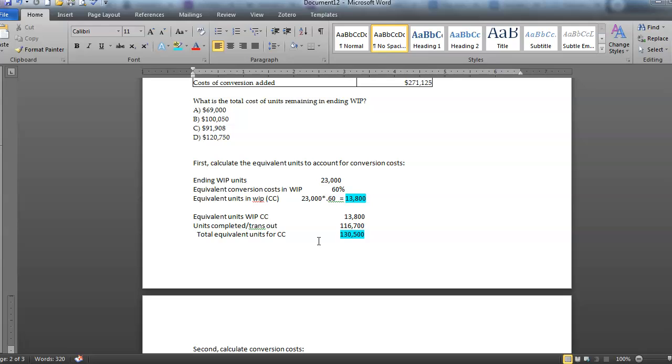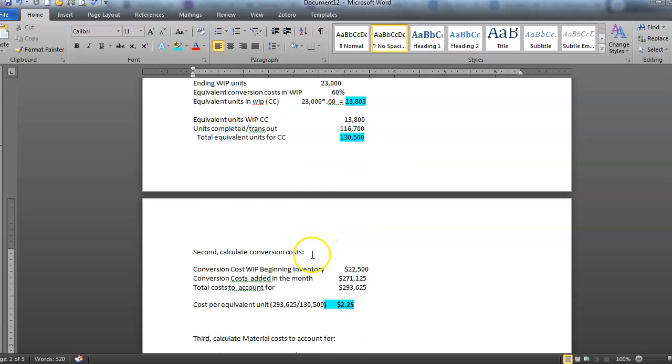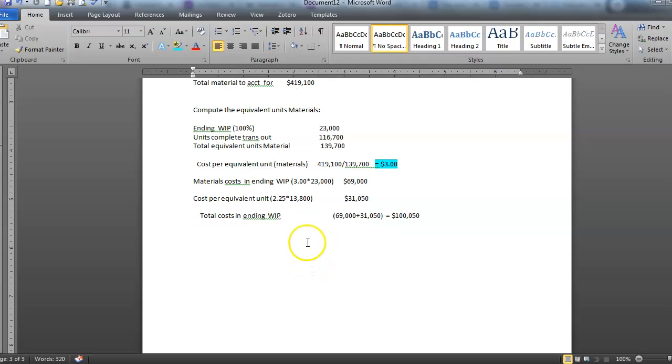You have to account for the dollars second, and divide the two to come to a cost per unit. This is done 2 times, one for the conversion cost and the other for materials. Once you understand the process, it makes much more sense when you compute the material costs in ending work in process and the cost per equivalent unit for conversion costs. It all makes a little bit more sense.